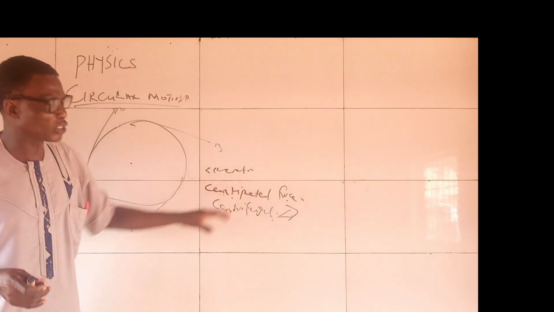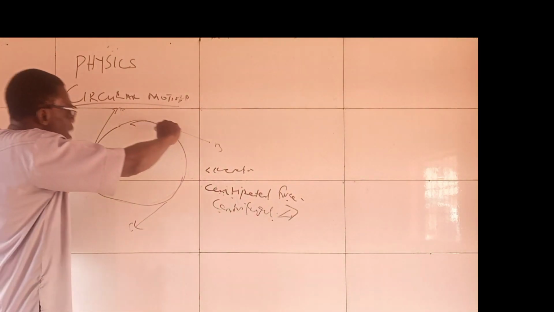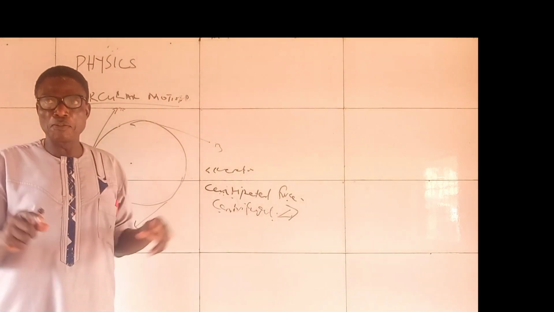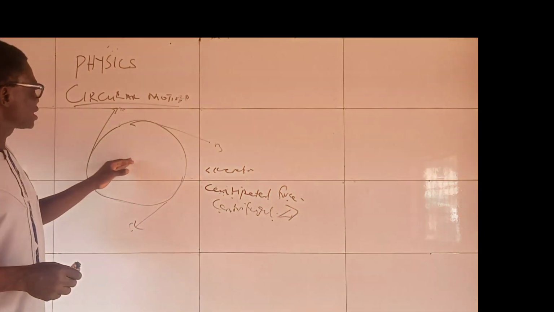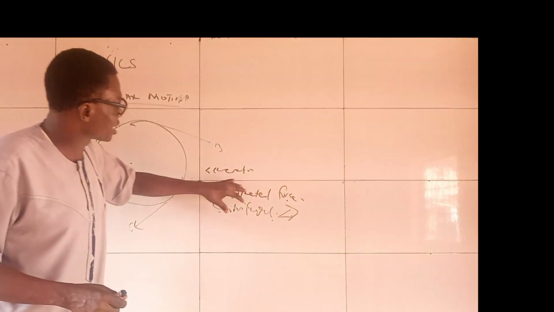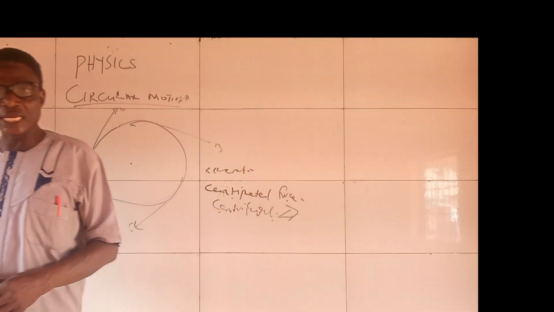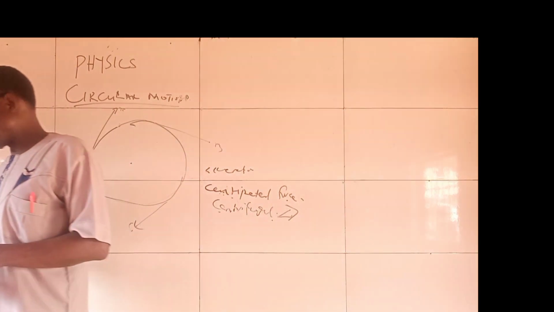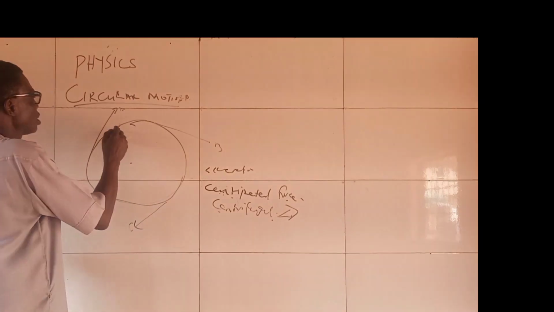Because the strength of the two forces are equal, the object is able to remain at that circumference. So it is the combination of centripetal force and centrifugal force that keeps the object moving at that circumference.